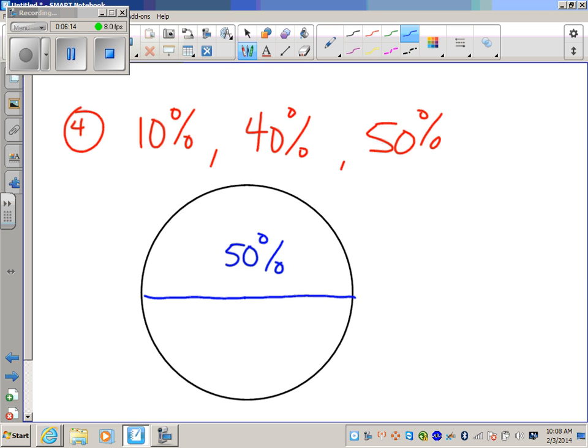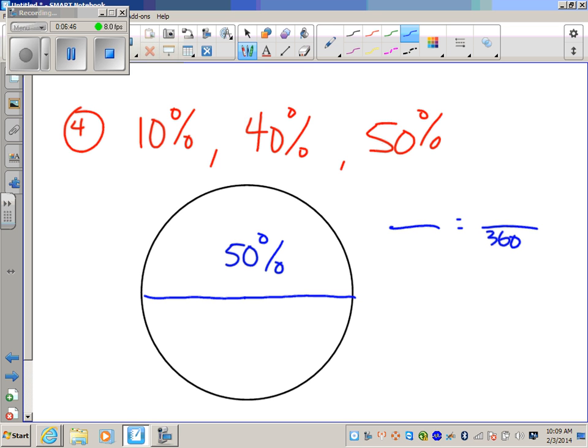Now, as far as the 10 and 40 are concerned, is there an exact way to determine how many degrees each of these are going to use? Now, if you don't have protractors here with you today, we can still just get a good, estimated guess. How many total degrees are in a circle? 360.